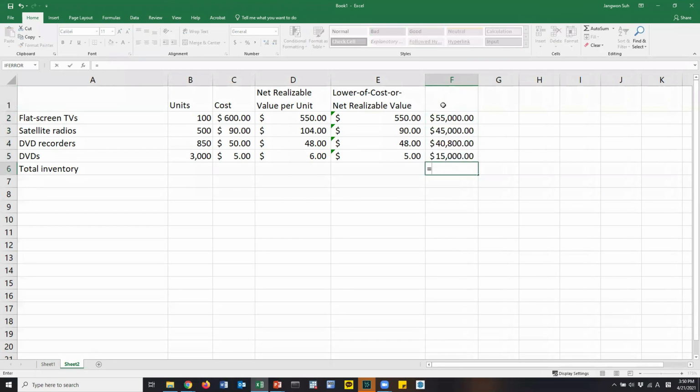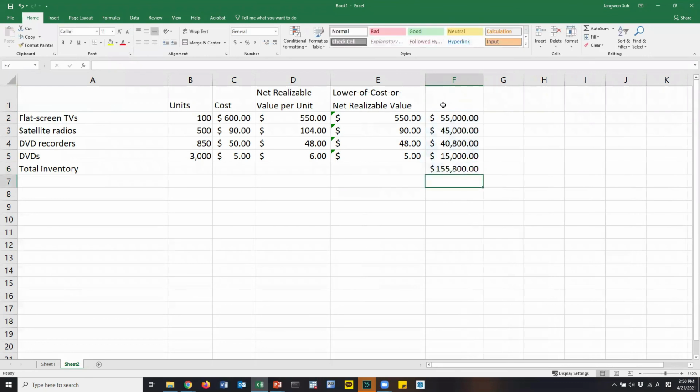And then your total inventory you're going to report on your balance sheet is the total value after applying the LCNRV method. Okay. Right. Then we've finished the reporting of the inventory. And then in the next video, we will study some of the analysis of the inventory and then finish the chapter. Stay tuned.